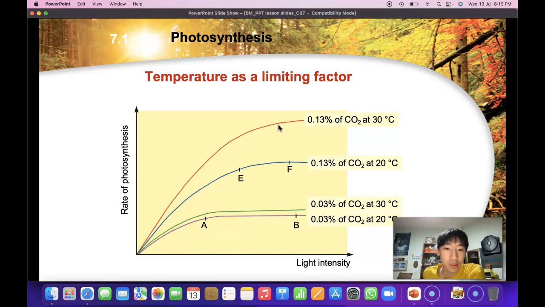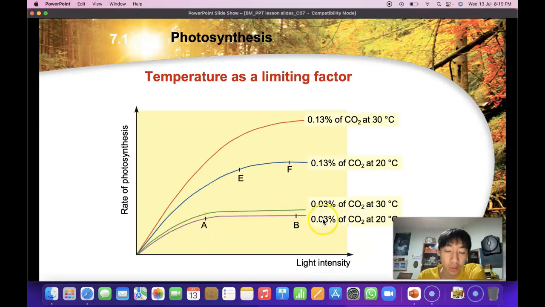Let's look at the four different colors. We have purple and green. For purple, as the light intensity increases, the rate of photosynthesis starts to increase until a certain point, around this area, where it doesn't increase anymore.